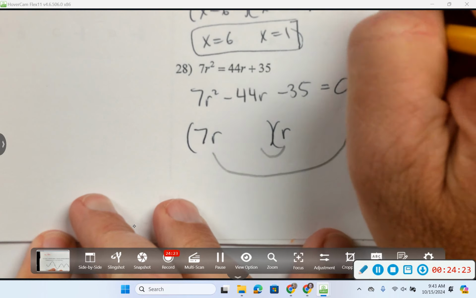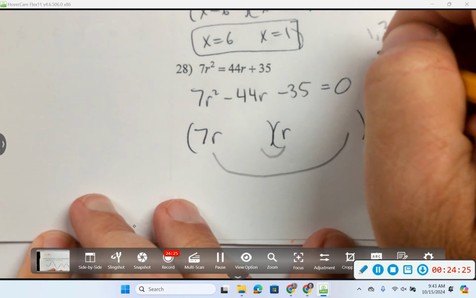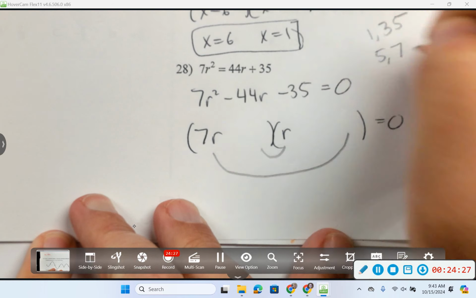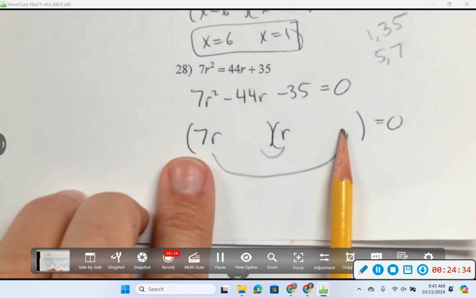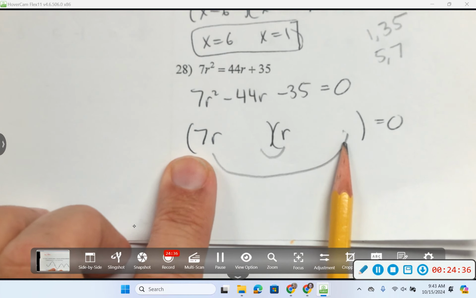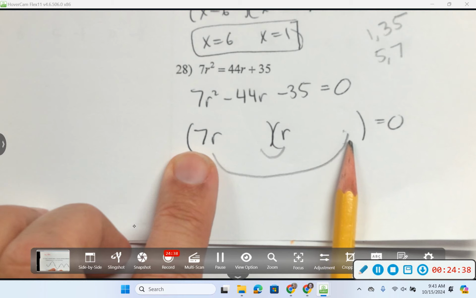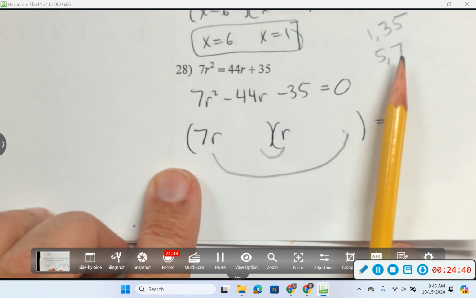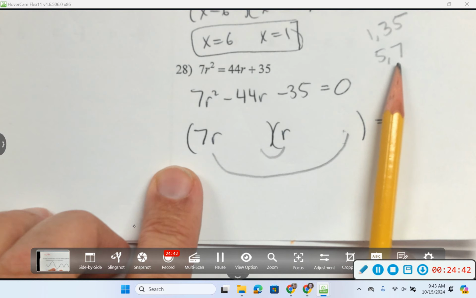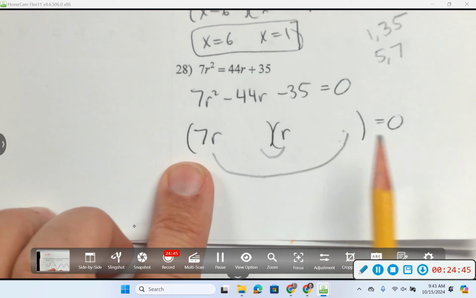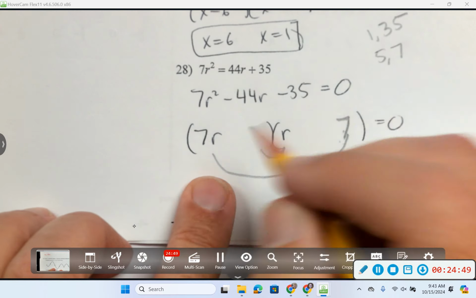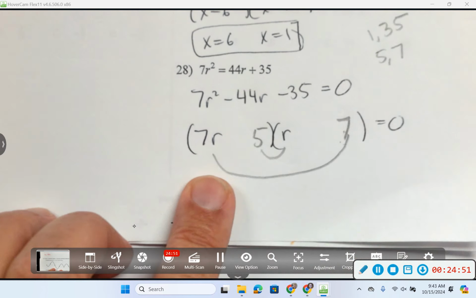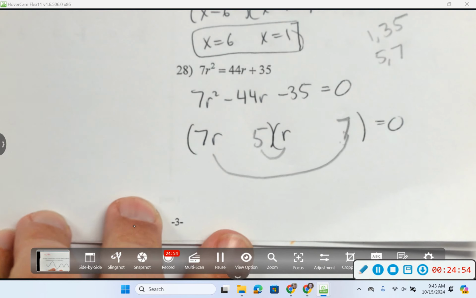And my options are 1 and 35, or 5 and 7. I'm pretty sure I don't want 35 across from the 7, right? Because 35 times 7 is really big. So I'm going to start with the 5 and the 7. And if I can think ahead a little bit, if I put the 7 there, that gets me 49. And 49 minus 5. Well, if I get the signs right, I can make this work.